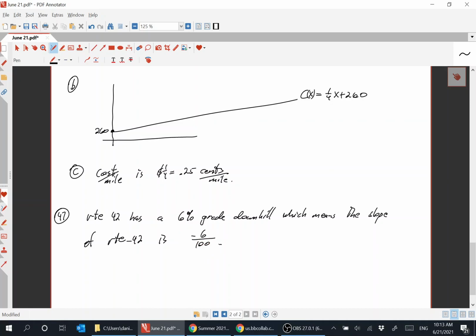Driving on this road, you notice from the elevation signs that you've descended a distance of 1,000 feet.